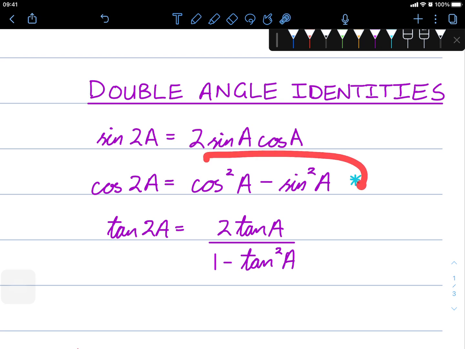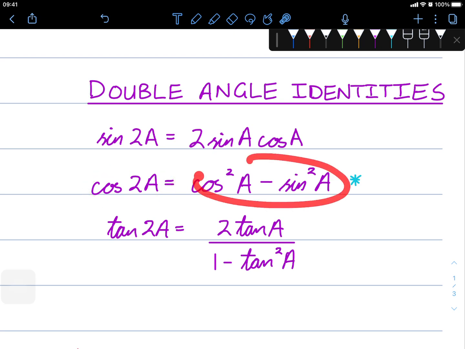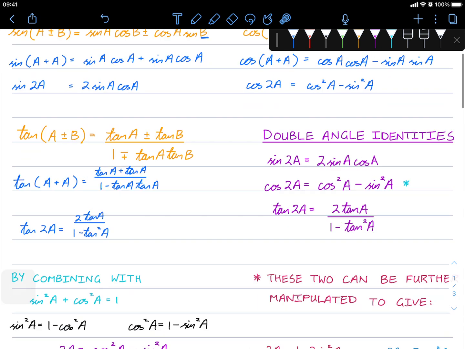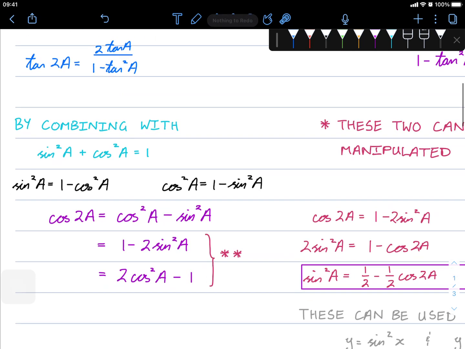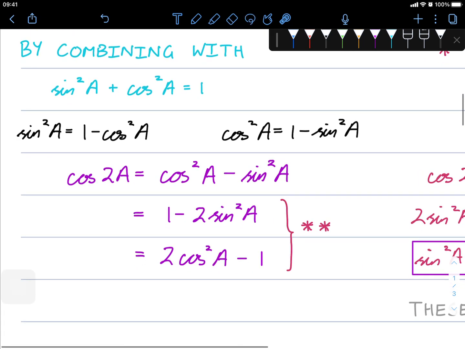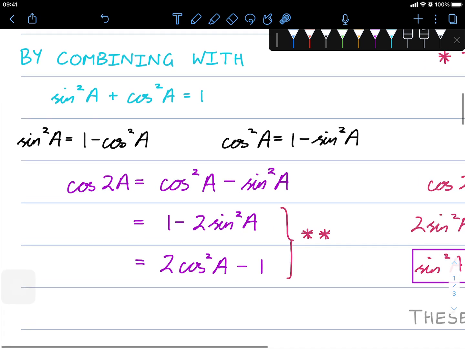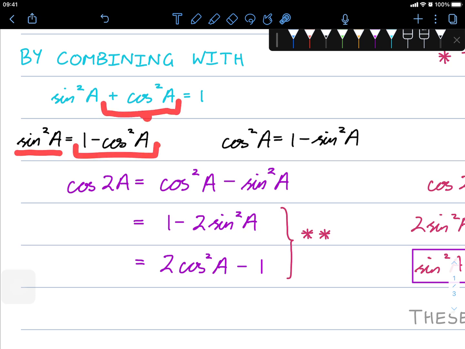Now, as you can probably see, cos squared a minus sine squared a, that's the double angle identity for cosine. That looks very similar to the Pythagorean identities, which, if we actually combine it with them, we get the following. If we combine it with sine squared a plus cos squared a equals 1, rearranging this, we get sine squared a equals 1 minus cos squared a. So we just move this to the other side.